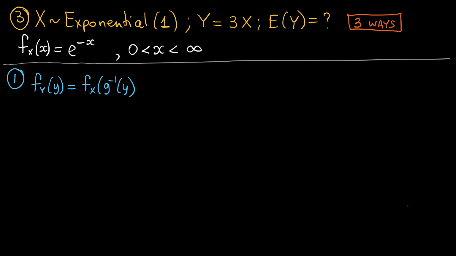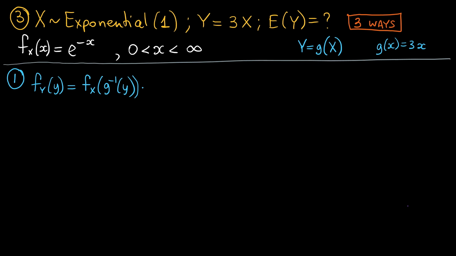So what is this g? So we are saying that if y is a function g of random variable x, that g is that function. So in this case, g of x is equal to 3x. And we can find g inverse of y. We will in a minute.